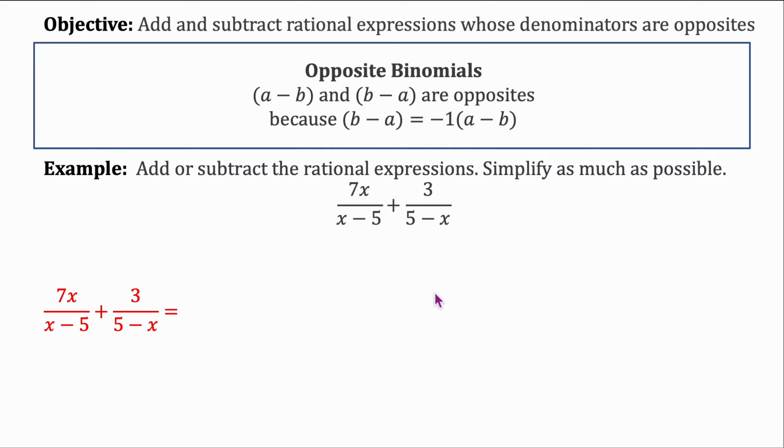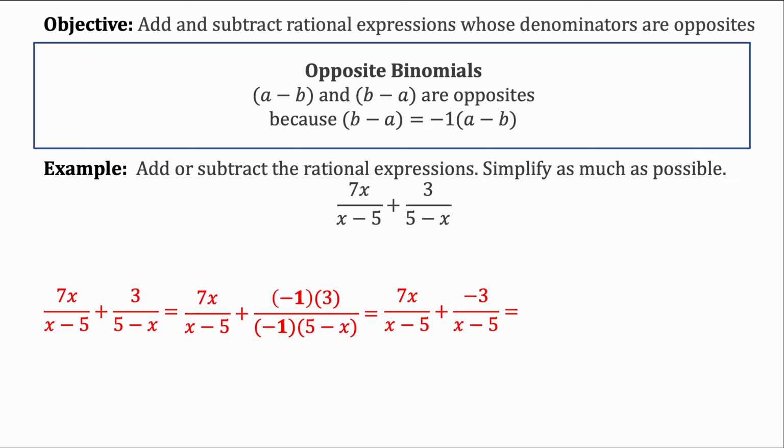So what do I mean? Well, let's multiply the top and the bottom of the right fraction by negative 1 so that we can use this fact to our advantage. If we multiply the bottom by negative 1, it does turn that subtraction to match the x minus 5 because our 5 would become the negative quantity and our x would become the positive.